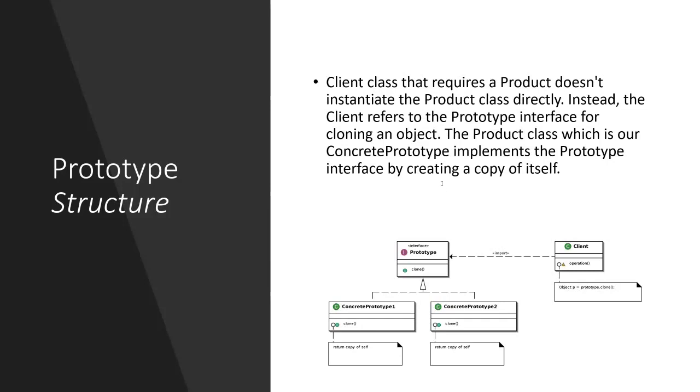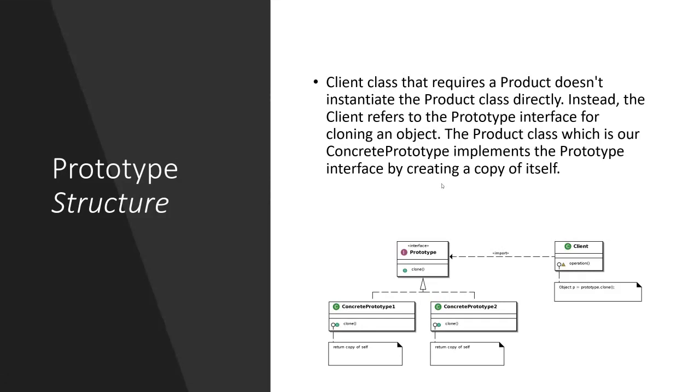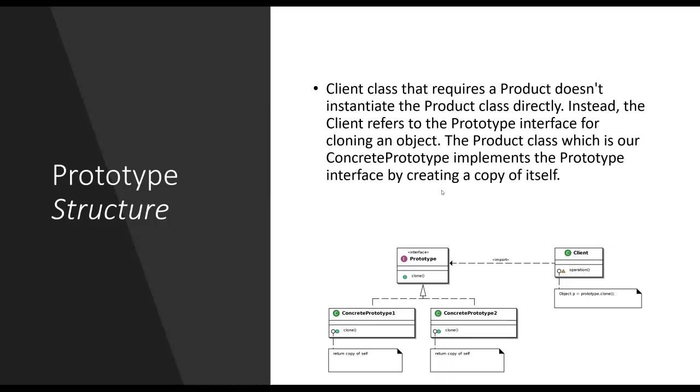The one inside concrete prototype 2 or concrete prototype 1, right? Yes, correct. So our interface can have multiple prototype clone methods, right? Our interface will have only one clone method, and its implementation will vary upon the concrete class itself, how it wants to implement it.